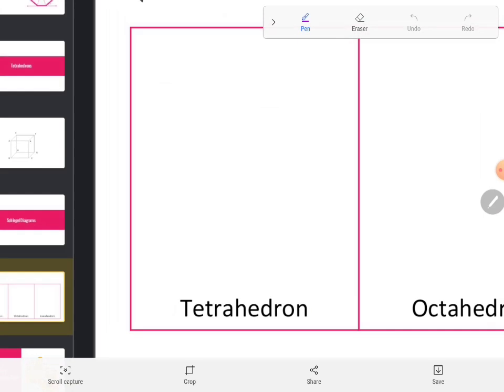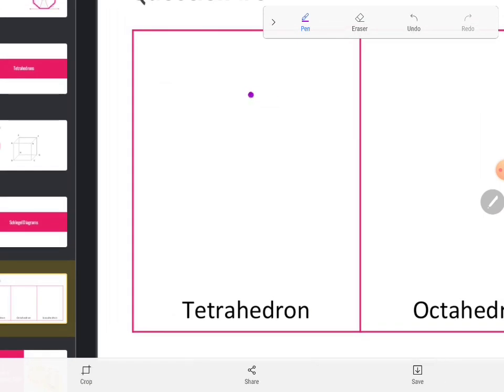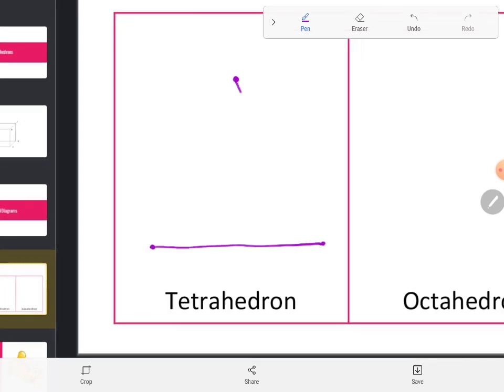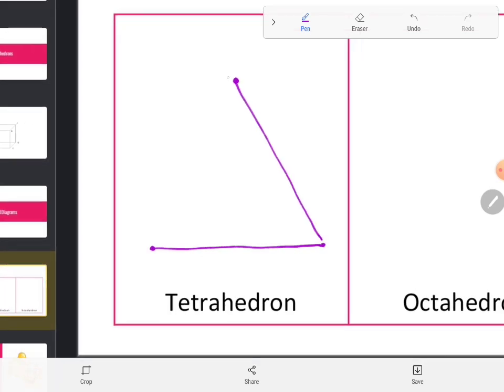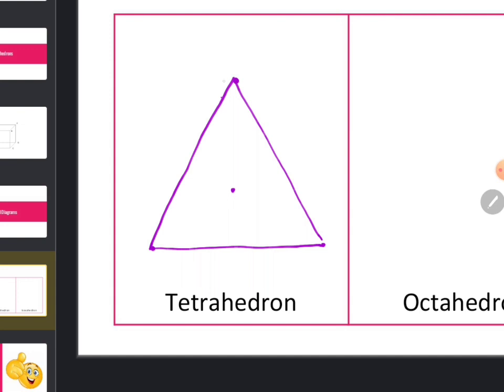For our tetrahedron, we simply have a triangle right here, just trying to make it a little straight, and then it meets at one corner or one point like it did on our cube. Just like that.